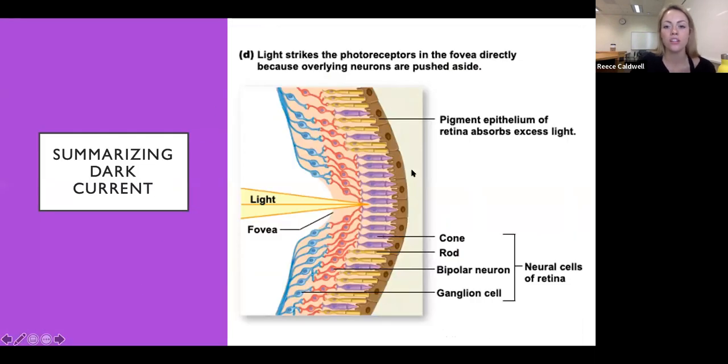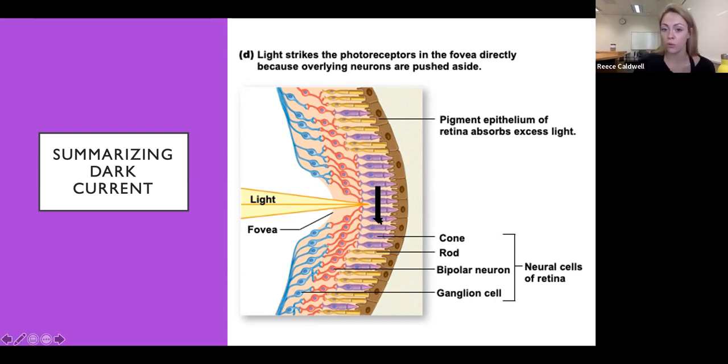So here's just one other little way to summarize it. So we have some light hitting the eye. So when light hits the eye, is this going to cause an increase or decrease in our firing rate from our rods or cones? Light hits the eye, this will cause a decreased firing rate of those inhibitory neurotransmitters from the rods or cones.